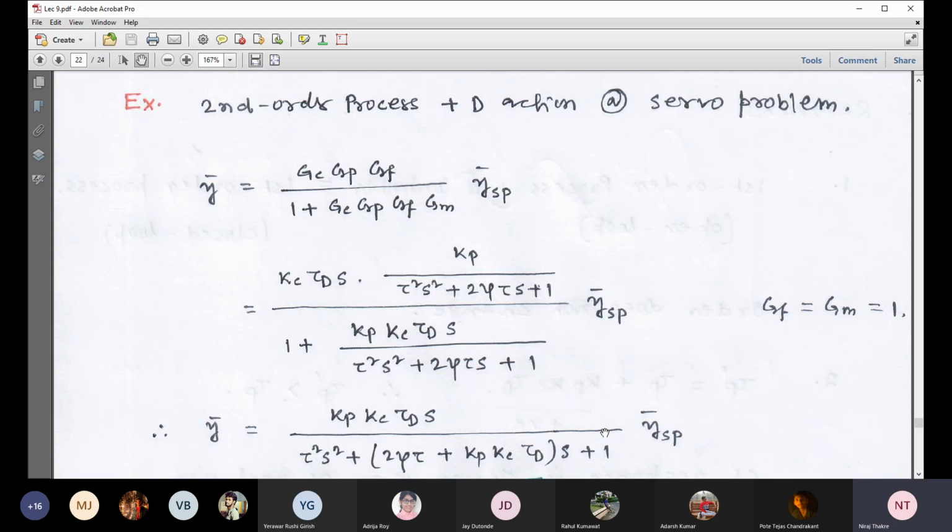We have discussed the effect of derivative action for a first order process. Now we are extending that concept to second order process.